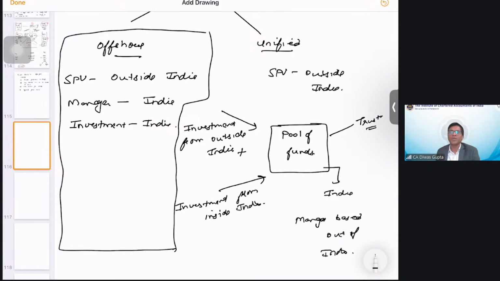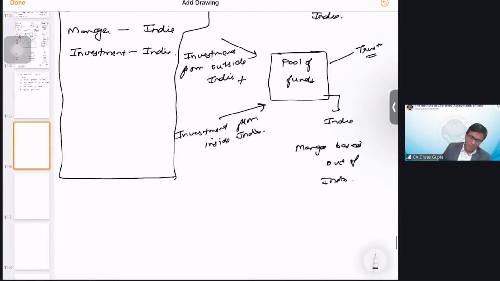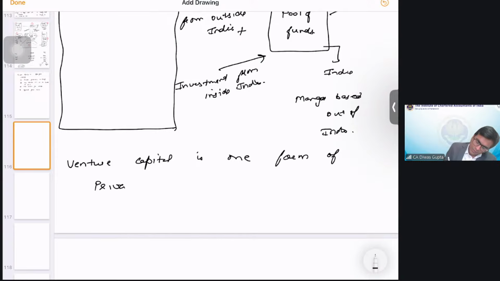And the balance is the unified structure, students. Please do remember venture capital is one form of private equity. Private equity is a large term. It can have many other aspects, but venture capital is one form of private equity.